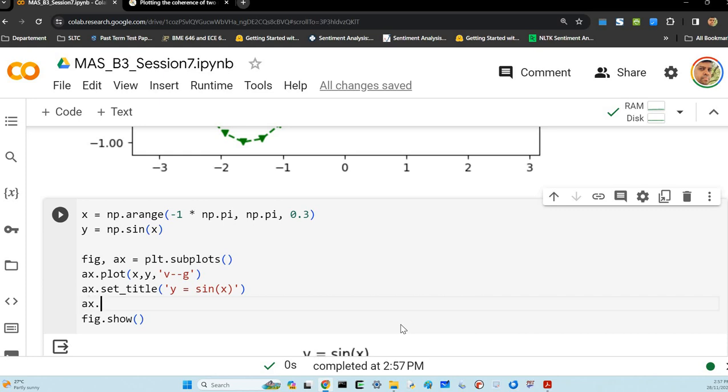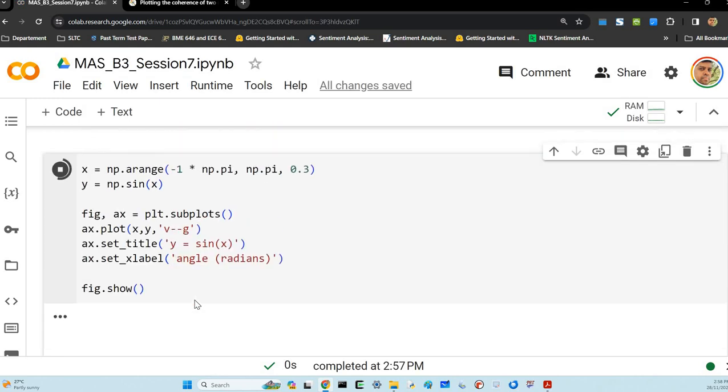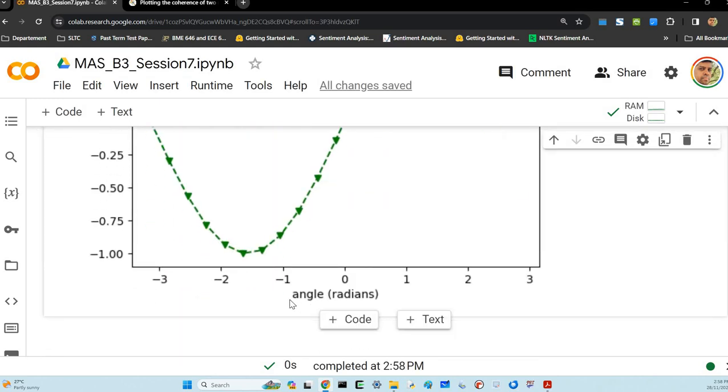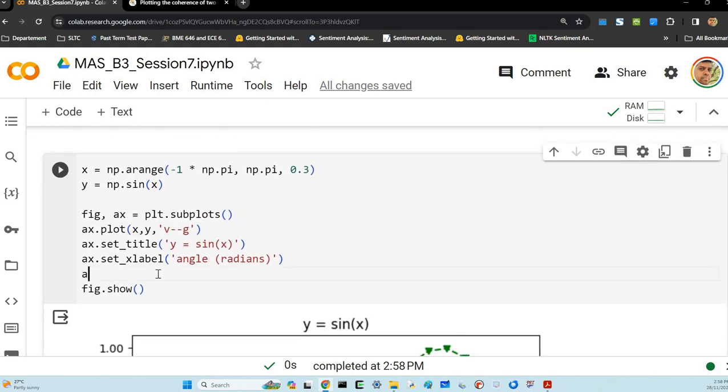We will say ax.set_xlabel, angle in radians. Now if you run this, you should notice the x-axis shows angle in radians. ax.set_ylabel, we'll say sine of x.